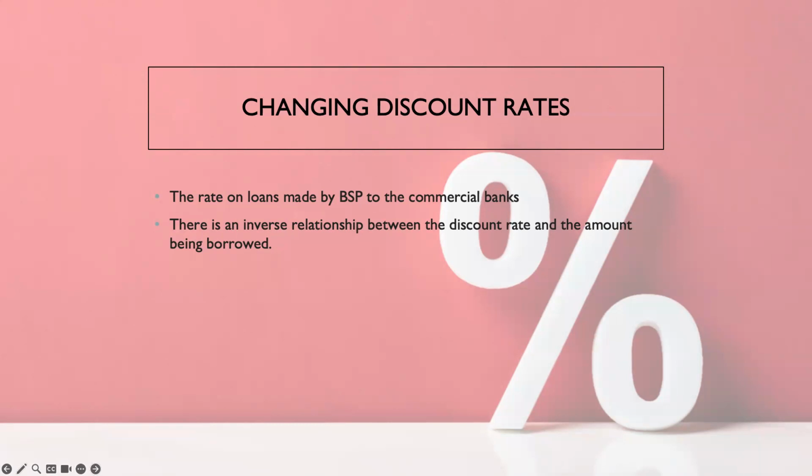The discount rate is the interest rate that the BSP charges to depository institutions and to commercial banks on its overnight loans. If you remember at the beginning of our video, we said that the central bank can lend money to commercial banks and other depository institutions. And when they do lend money, it is usually on an overnight basis.